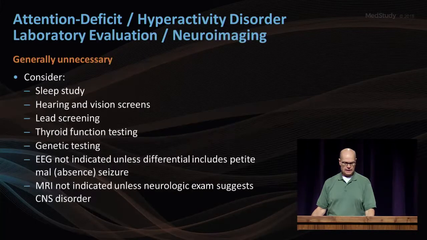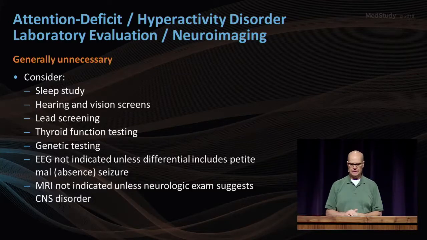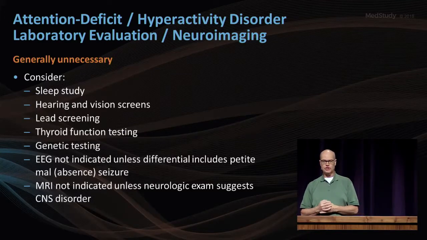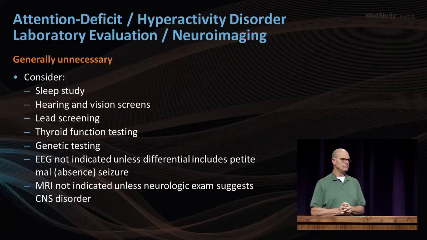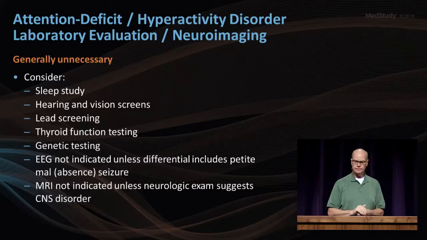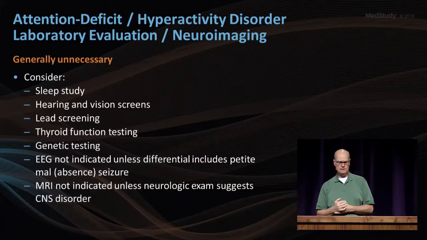All right, lab evaluation for ADHD is almost always not necessary. These are the things to consider. We've talked about the possibility of sleep apnea, the possibility of underlying and unrecognized hearing or vision disorder. Symptoms that are suggestive of lead intoxication should be investigated, same with thyroid function.